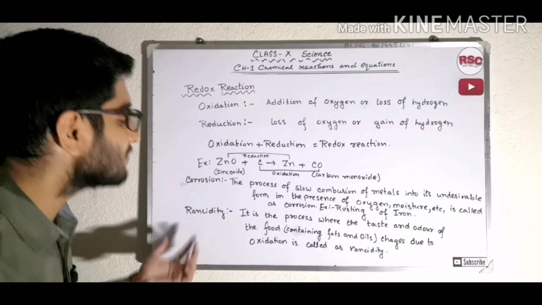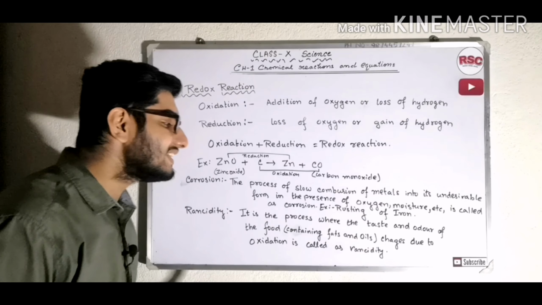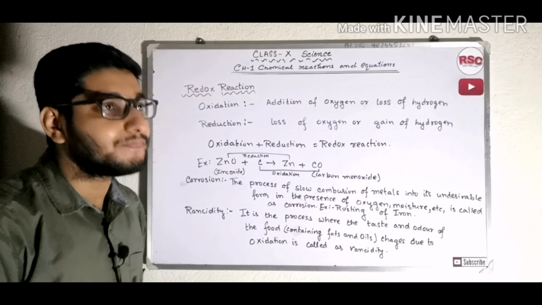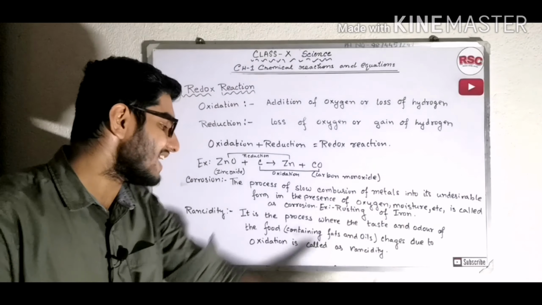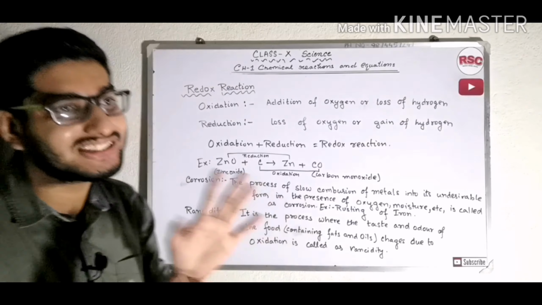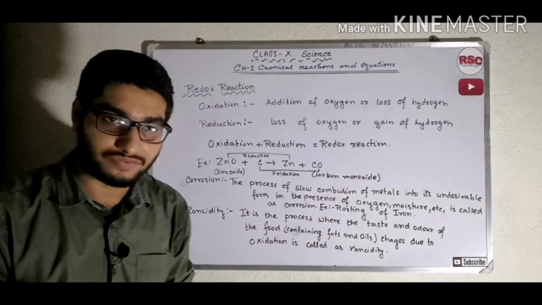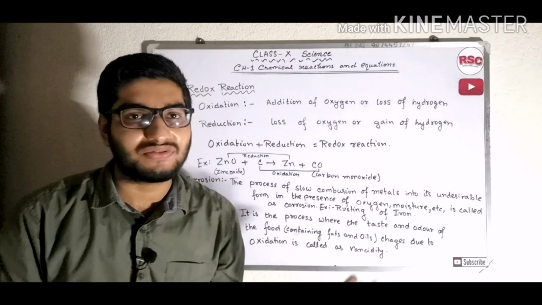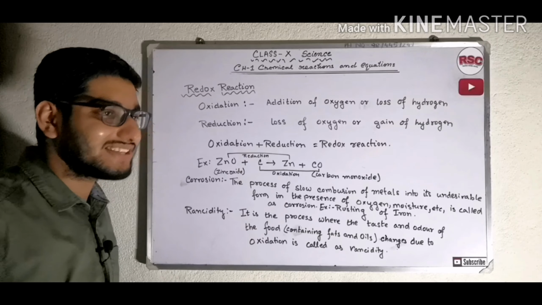Now coming to the next part, that is our last part, rancidity. What is rancidity, students? When the taste and odor, that is the smell, of any food which contains fats and oils changes, and it becomes a weird smell, that is rancidity.